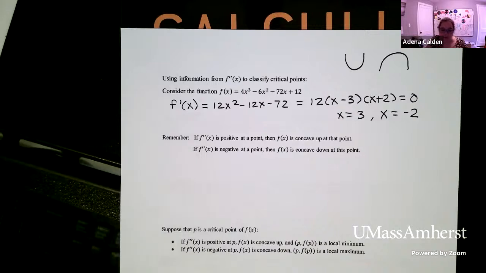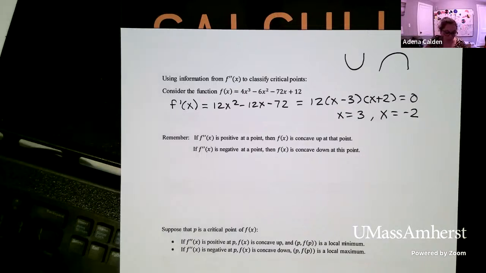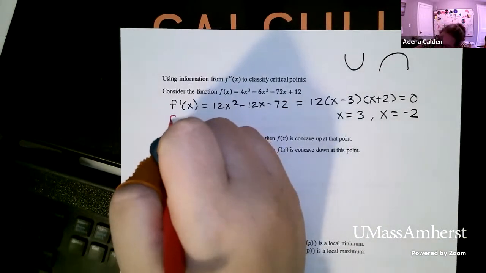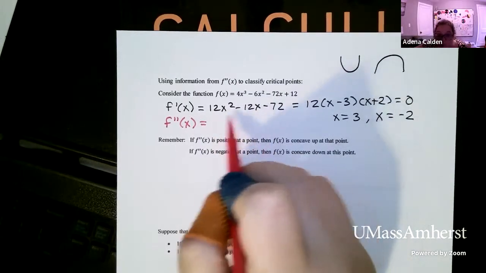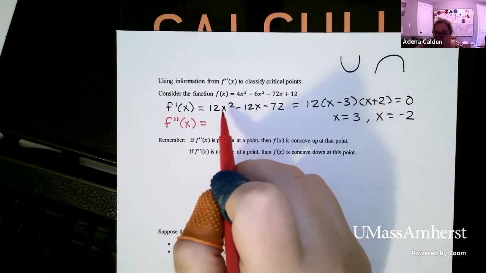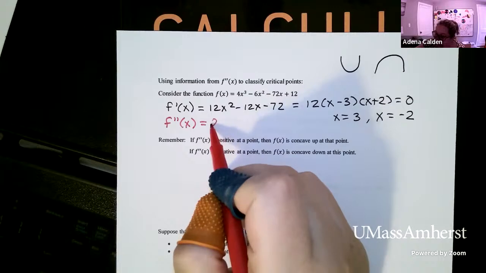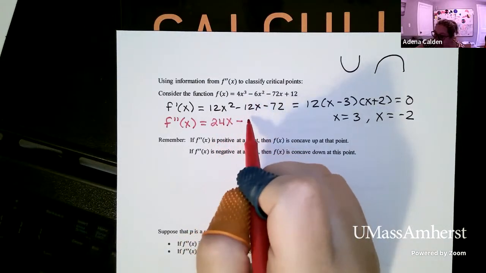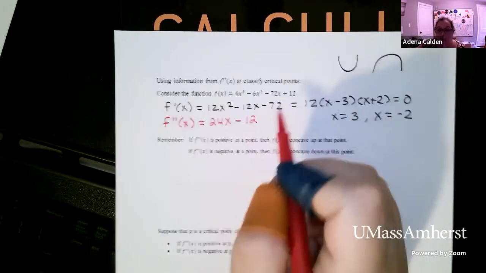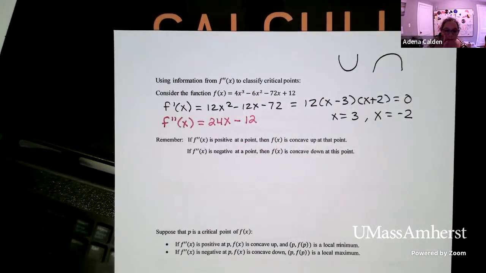To do the second derivative test, we then would find the second derivative of our function. So here we want to go back to the unfactored version to find the second derivative. So here 12x squared, the 2 comes down and we have 24x minus the derivative of 12x is 12 and the derivative of 72 is 0.